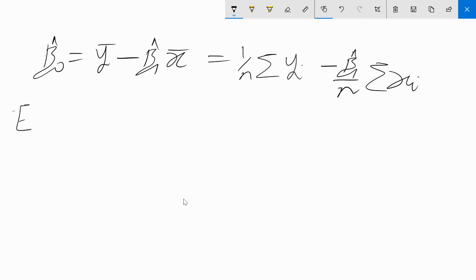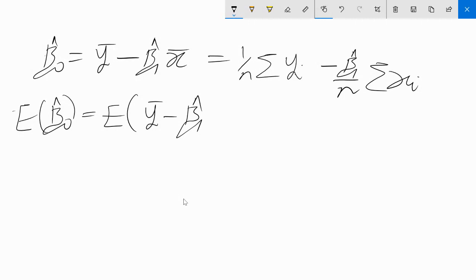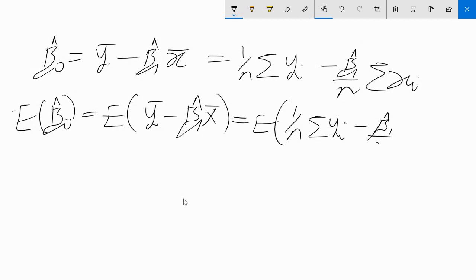So the expected value of beta 0 hat is going to be equal to the expected value of y bar minus beta 1 hat x bar, which is nothing but the expected value of 1 over n summation of yi minus beta 1 hat over n summation of xi.